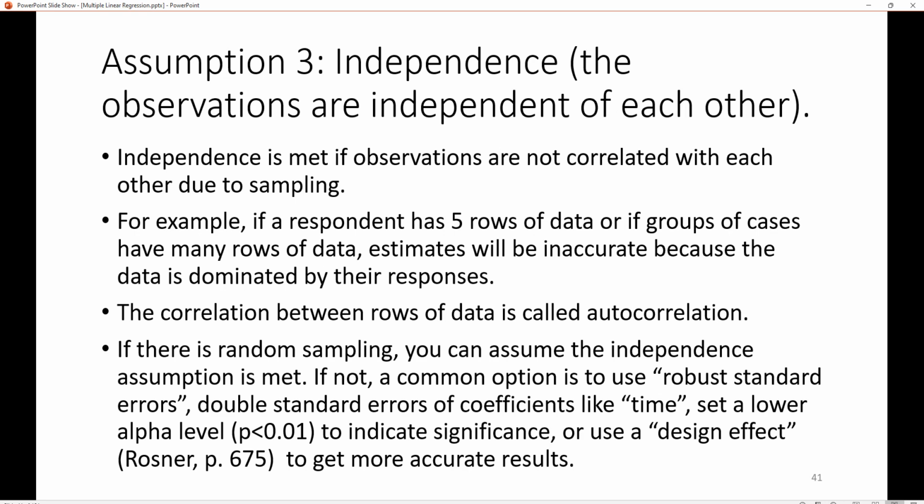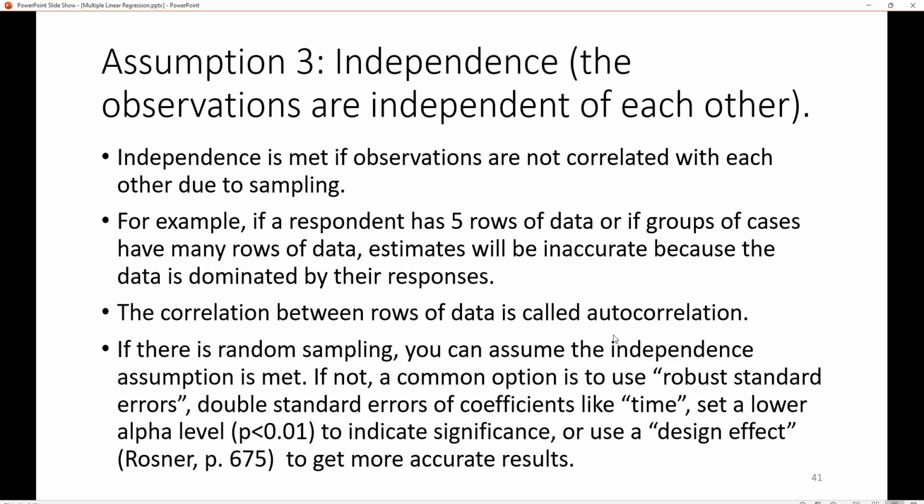Assumption 3 is independence, and independence is met if the observations are not correlated with each other. That could be if I have those 5 rows of data just for me, or if maybe we have them for groups of people. The results are going to be dominated by those multiple observations of the same person or group.